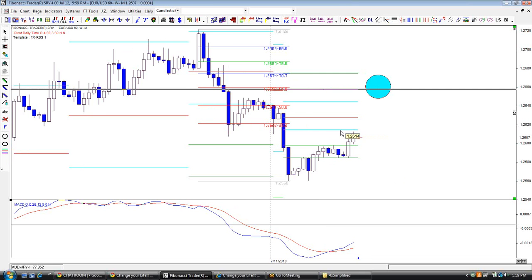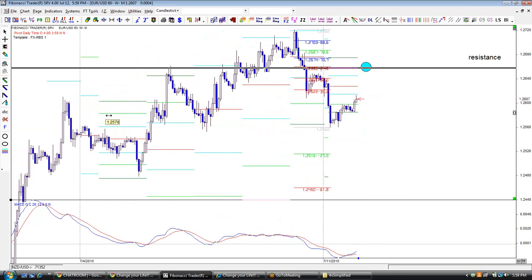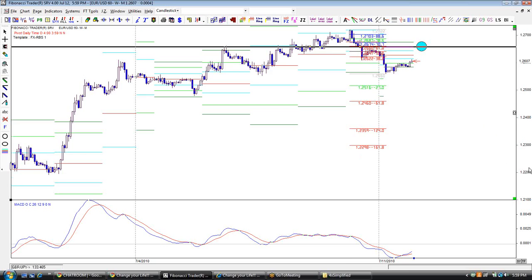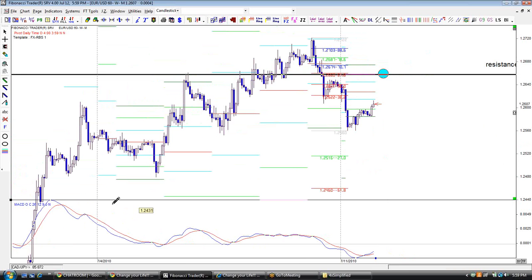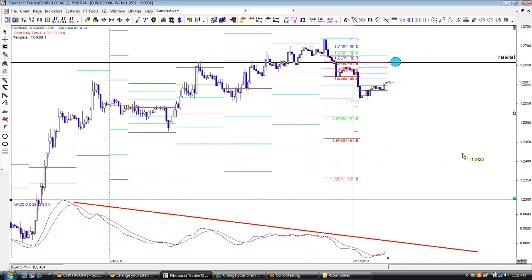Now, is this good confirmation or what? Now, if you guys need anything in addition to that convergence and also that MACD divergence that we have, you can see the MACD is just saying price needs to go lower.